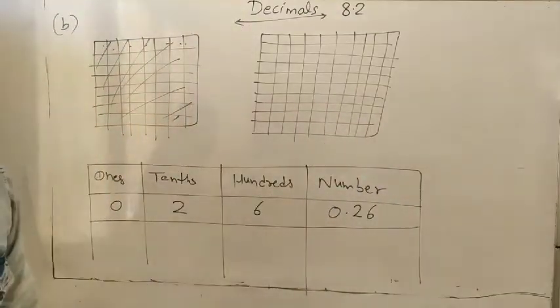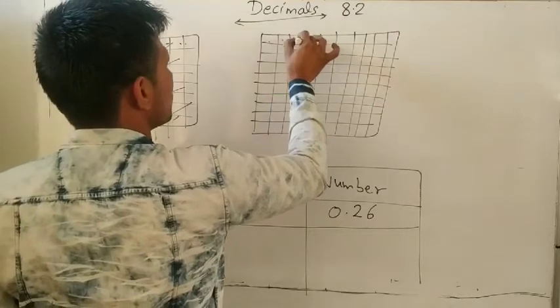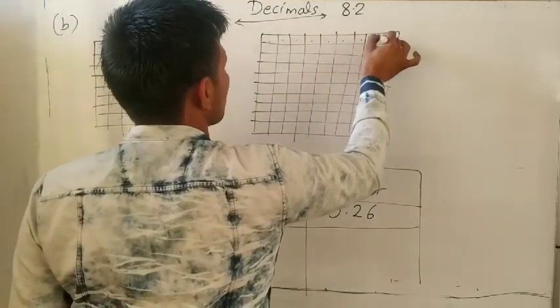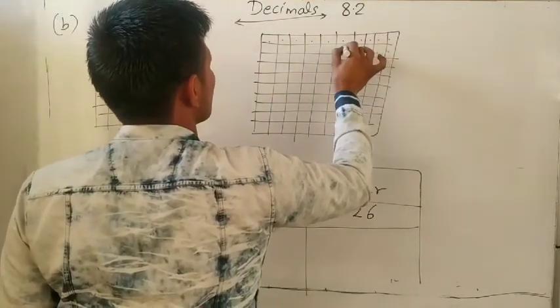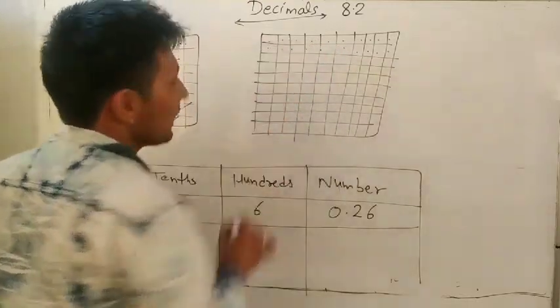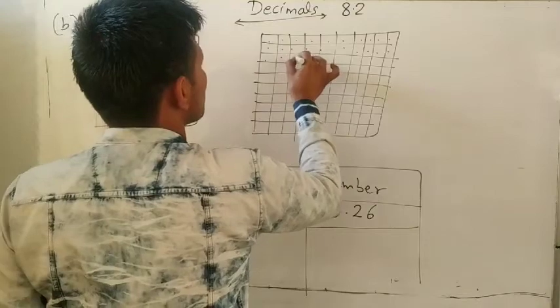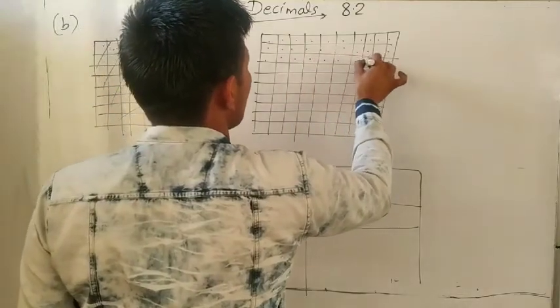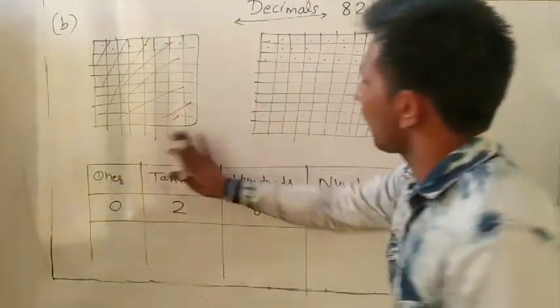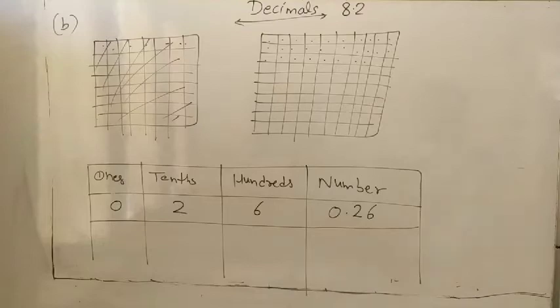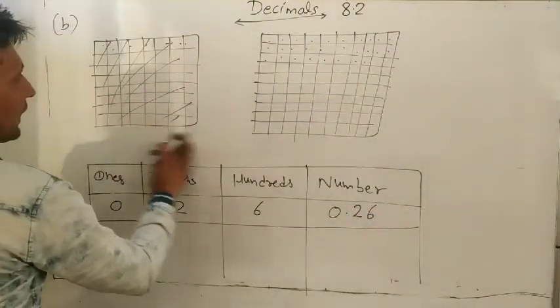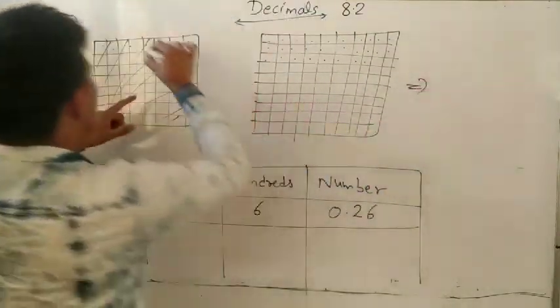And in this box only up to 8 rows are given. So we have to find this one. How will we represent it? Tell me, how will we write? First we will check this box.